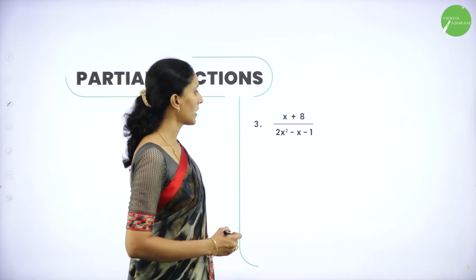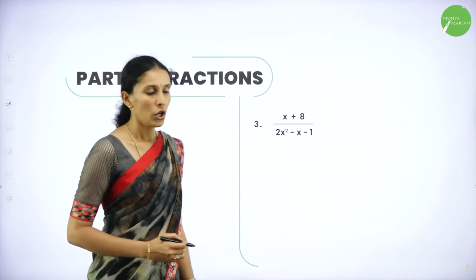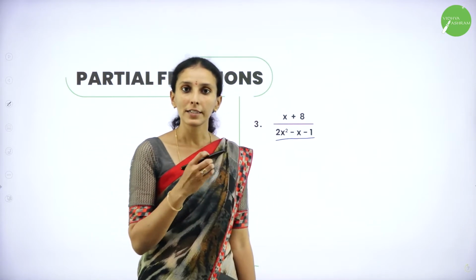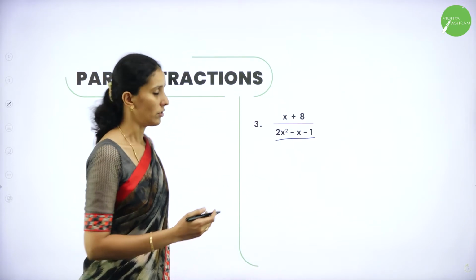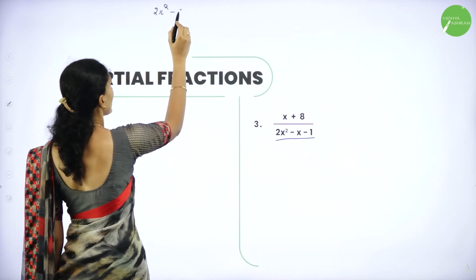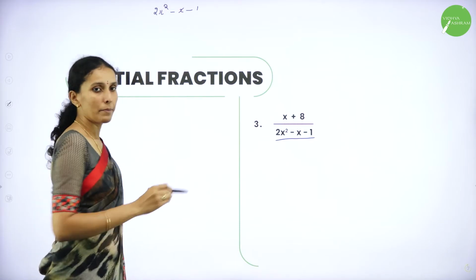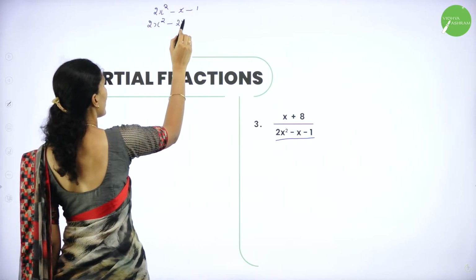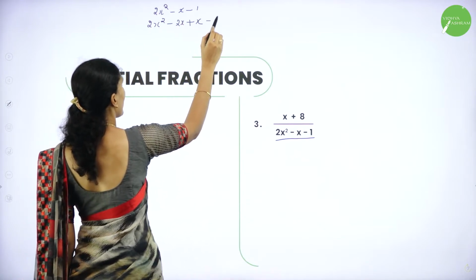x plus 8 by 2x square minus x minus 1. Whenever you have a quadratic equation in the denominator, just split into two linear factors. So 2x square minus x minus 1 can be written as 2x square minus 2x plus x minus 1.